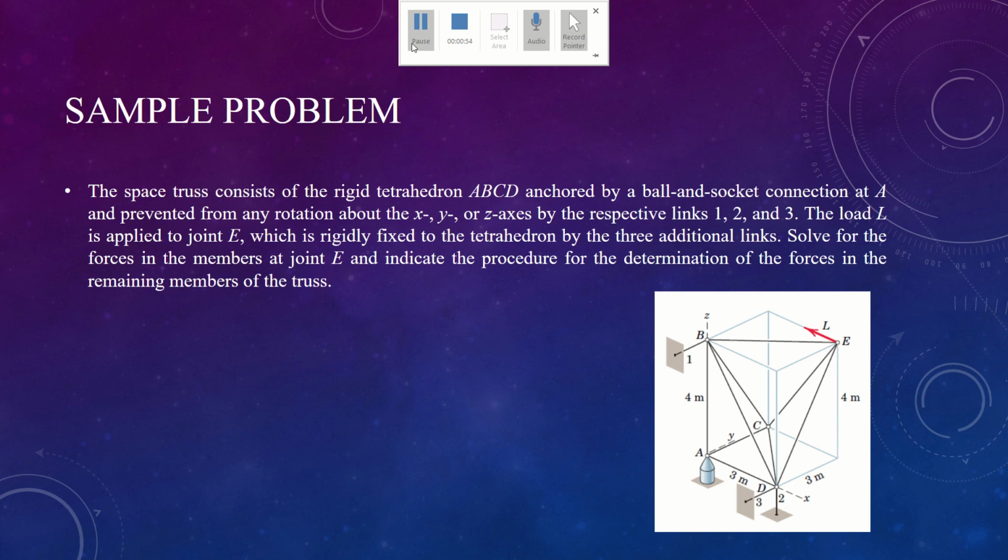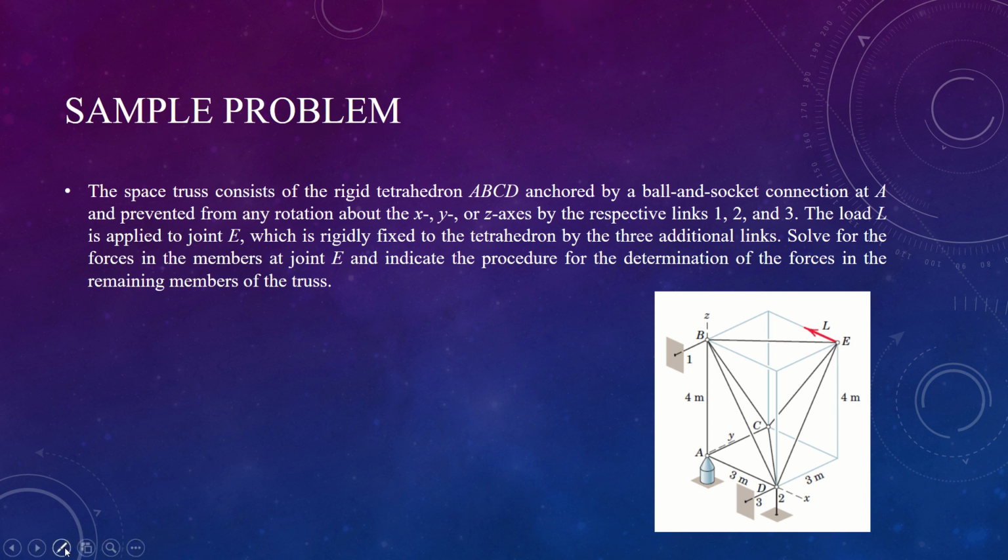Quite an interesting problem. So how are we going to perceive this problem? First, we need to know that the truss is supported by 6 properly placed constraints, which are three at A, that is AX, AY and AZ.